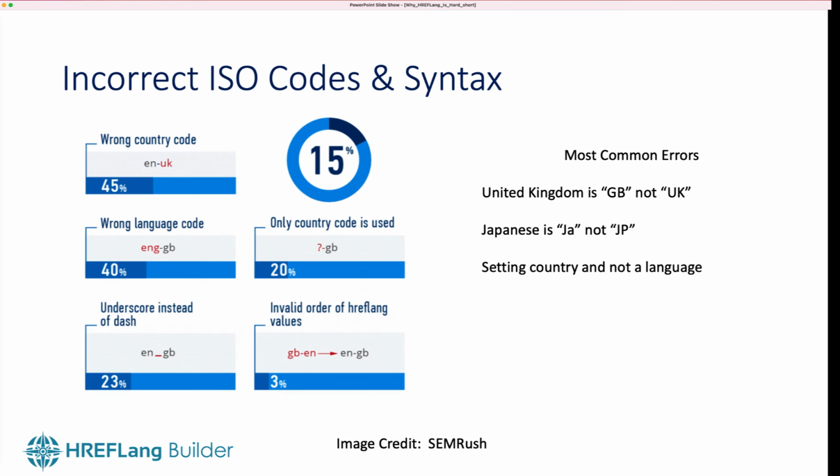So you'll see UK, like in this example, top left corner, 45% of the sites that they identified with this problem had ENUK. There is no UK country code. It is GB. So this is wrong. If you just used UK, that's actually Ukrainian language. So big difference between the two.